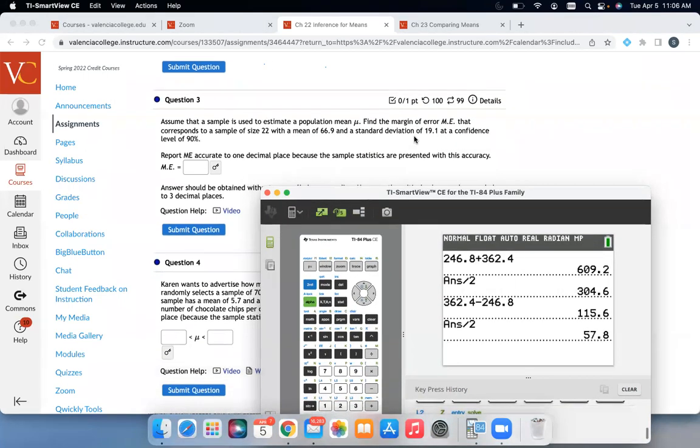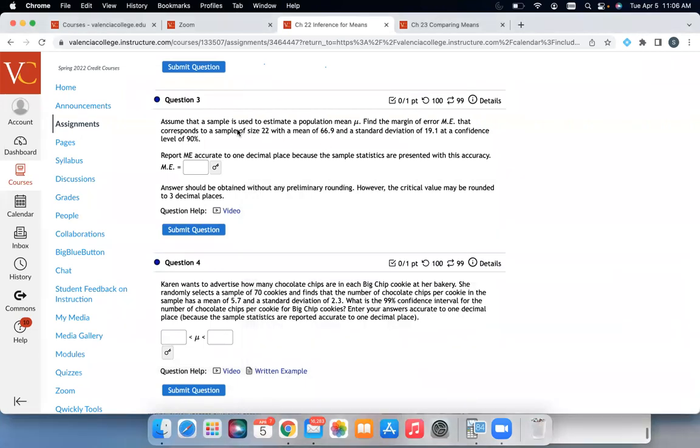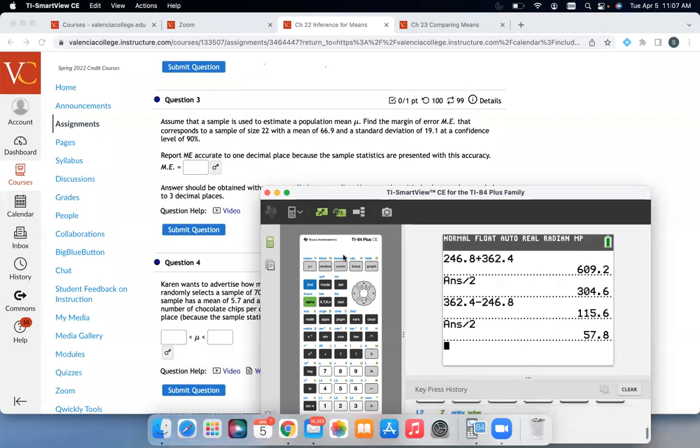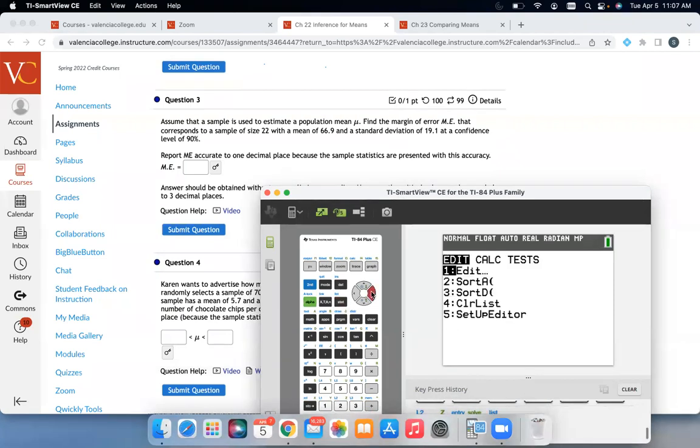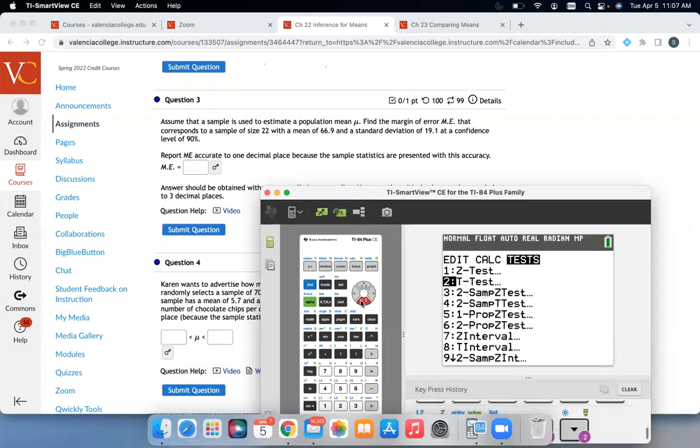Okay, I only have one sample here. The way I know that, I only have one sample size. I only have one sample mean. I only have one standard deviation. This is a one sample interval. That'll be button 8. Look at button 0, that says 2 sample t interval.